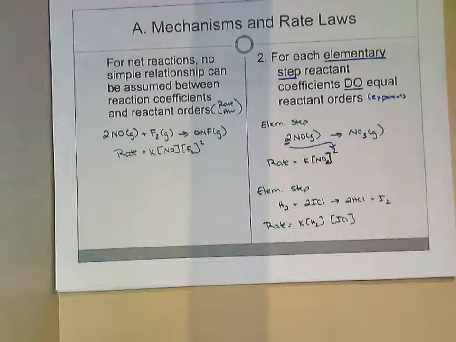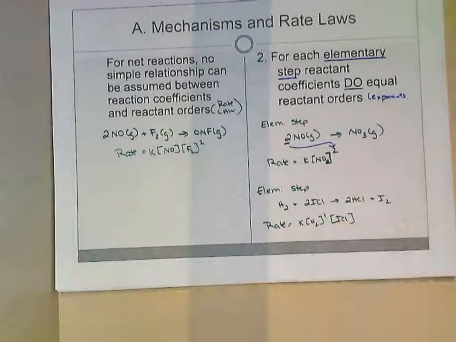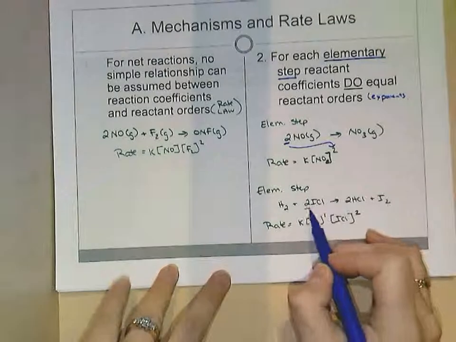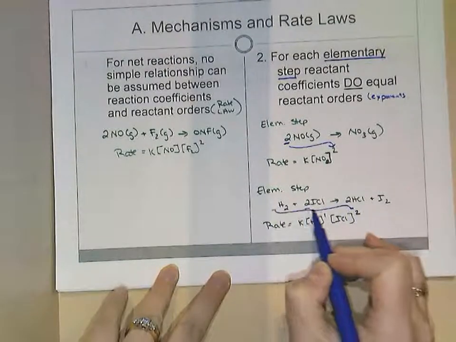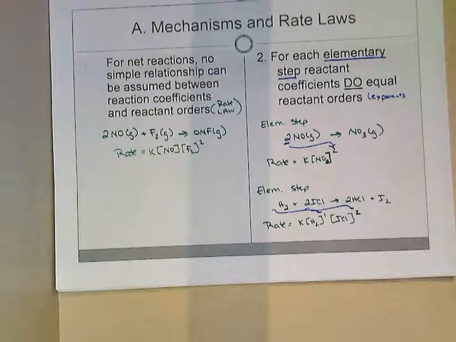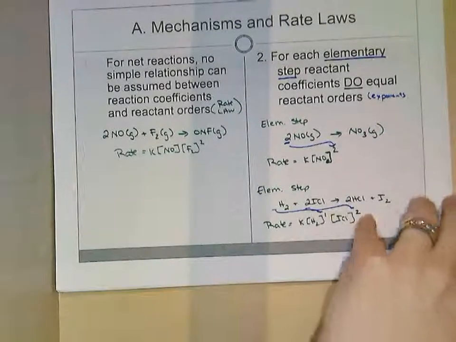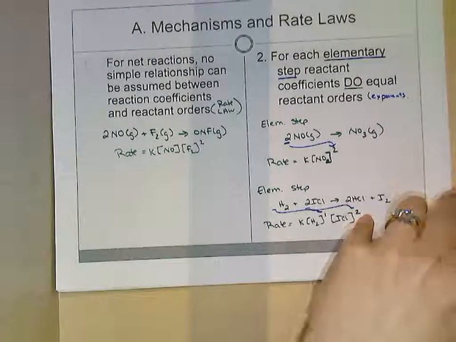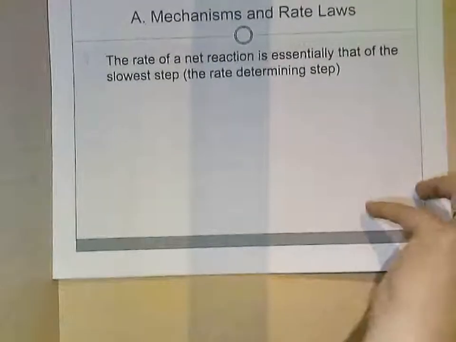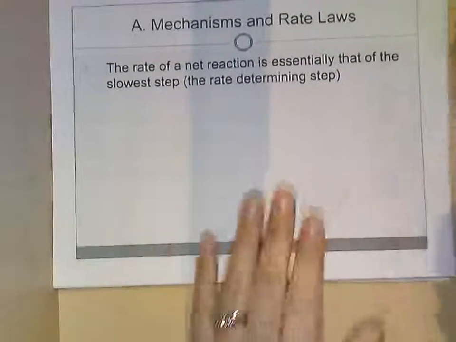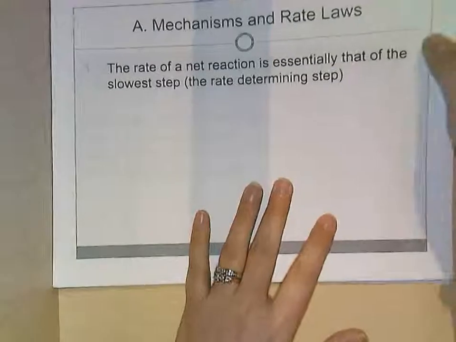Then what is the exponent that goes with the ICl? Okay. So why is that useful, besides the fact that I said so? We can use that plus this next rule to figure out mechanisms.